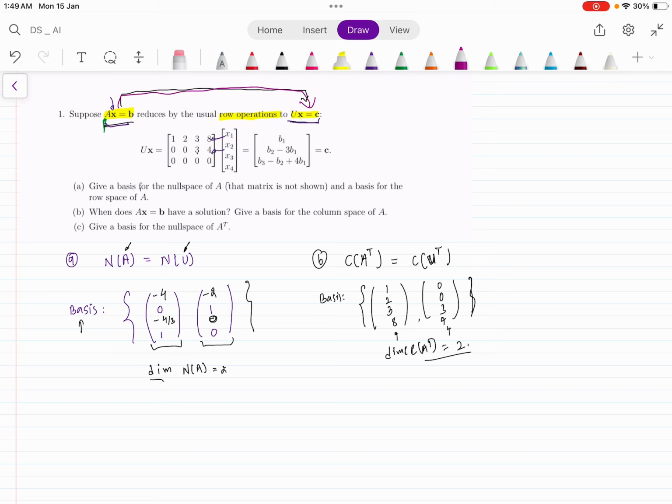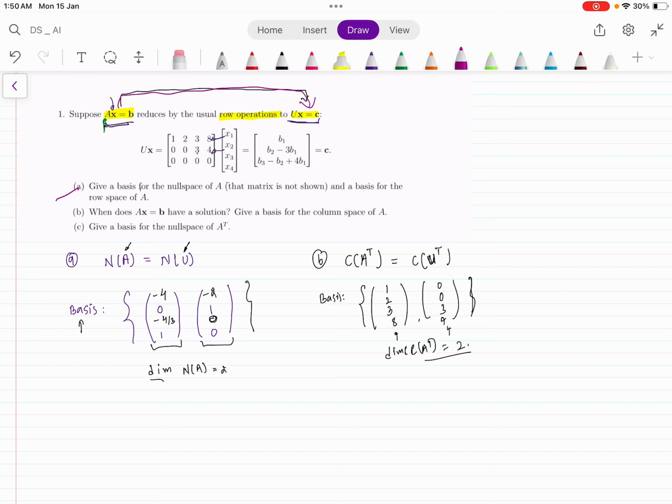The first point is that the null space is going to be the same for A and U. The row space is going to be the same for A and U, but the column space will not be the same, right? The column space of A would be different from the column space of U, right? So this is the key point to take away from here.